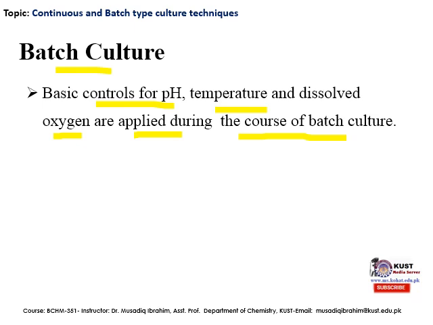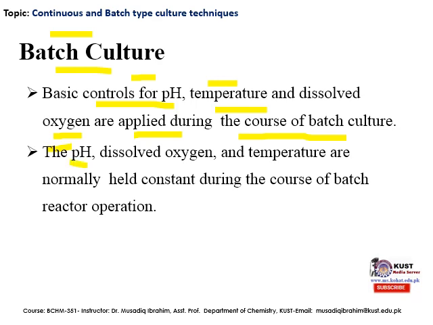So it means that the optimum levels of the pH, temperature, and the oxygen are maintained during the process of fermentation in a batch mode. Now, the pH, the dissolved oxygen, and the temperature are normally held constant during the course of the batch reactor operation.